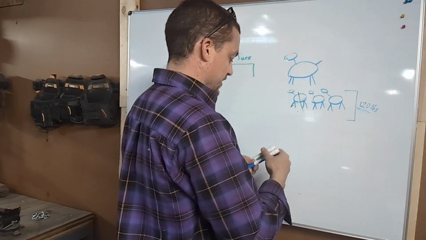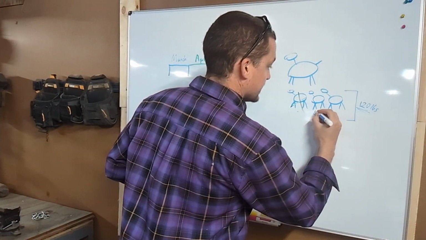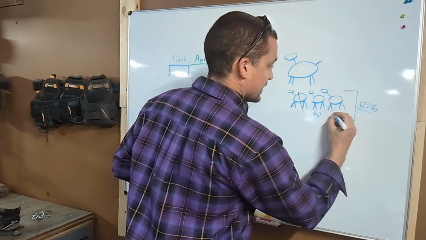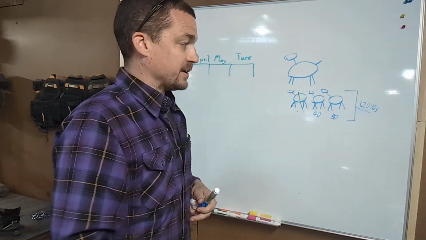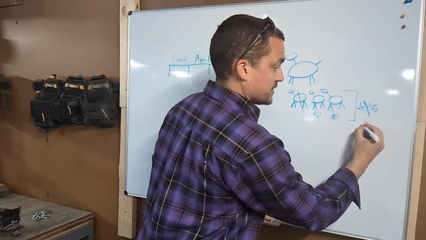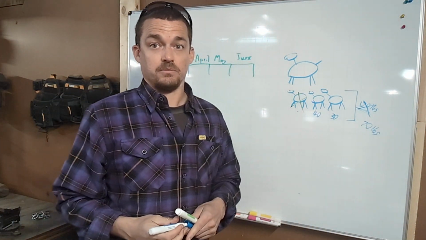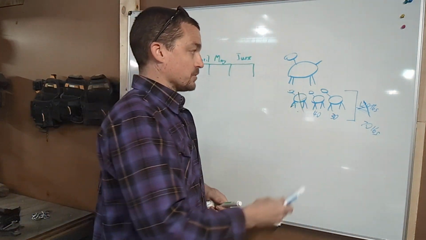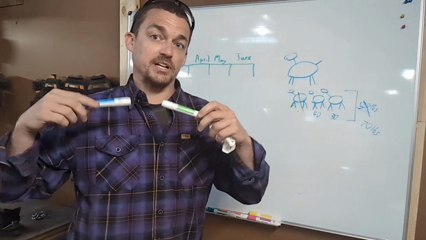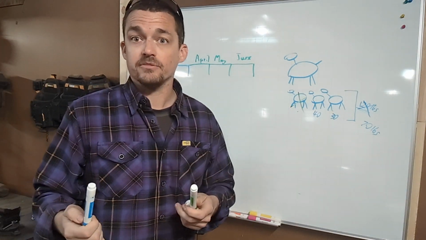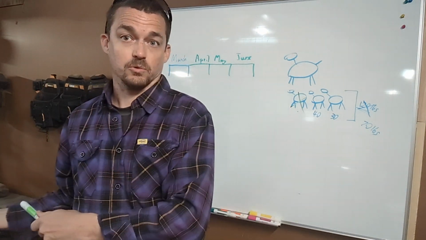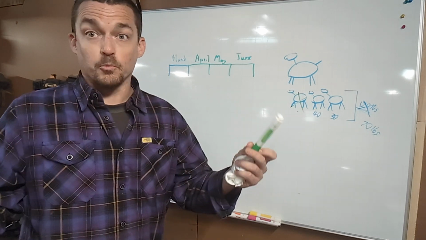It dies. Okay, and then at weaning you have, let's say, a 40-pound kid and a 30-pound kid. Her production is now 70 pounds. And that third kid doesn't count. It was lost before weaning. So it's also a measure of her and her genetic line's ability to keep kids alive, whether that's from predators or diseases or whatever it is.